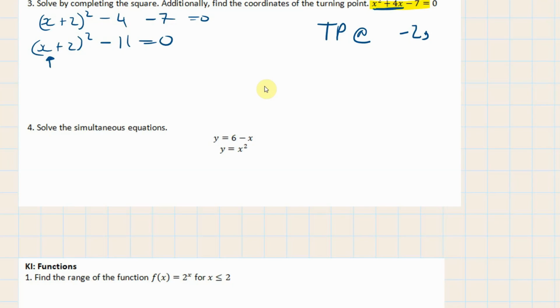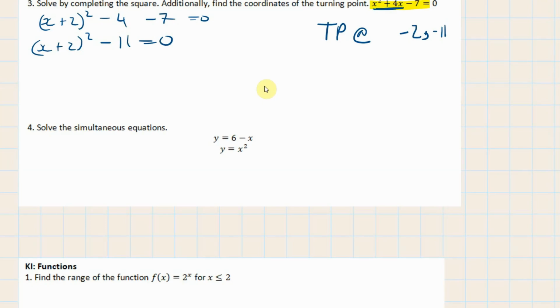So this gives us a minimum point, and then when you've got a negative 2 there, the y result will therefore be minus 11. Okay, so you get a negative 11 there. So that's our turning point at negative 2, negative 11.